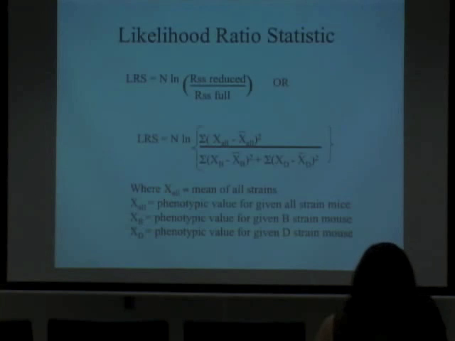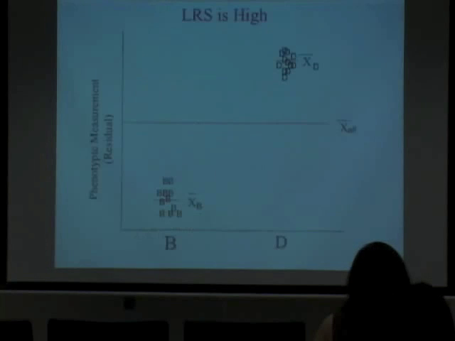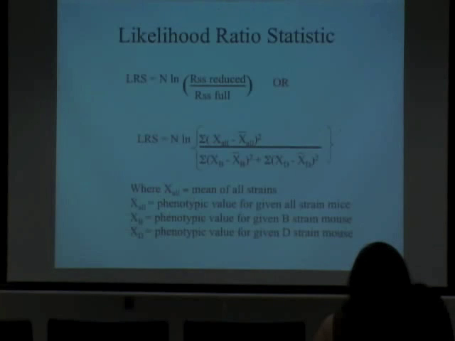And then the denominator, it divides it up with regard to groups. So it says, okay, all those in the B group, we're going to take each value minus the mean of the B's and square that. And all those in the D group, we're going to take each of those values minus the mean of the D's and square that. So if the data looked like that, in this particular example, and we had this thing to grind through, would this value end up being large or small? Large, okay.